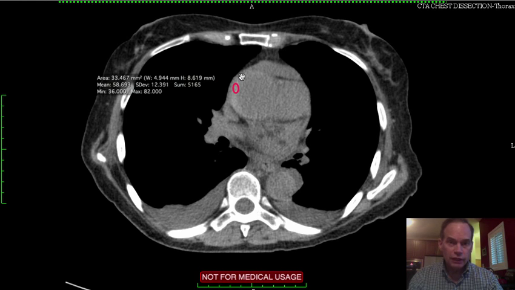So the wall of the aorta, the layers being the intima, media, and adventitia being the most peripheral, this media has hemorrhage in it now. And it is therefore not only more dense, but it is thicker. Okay, so we have a mural hematoma of the ascending aorta.